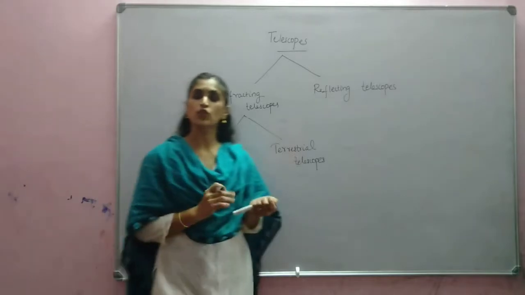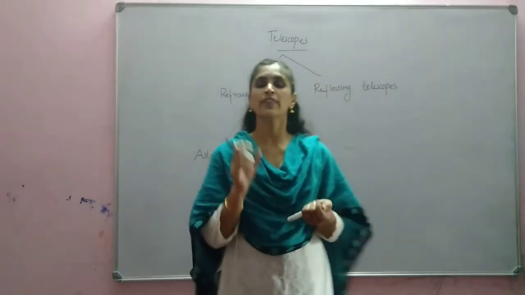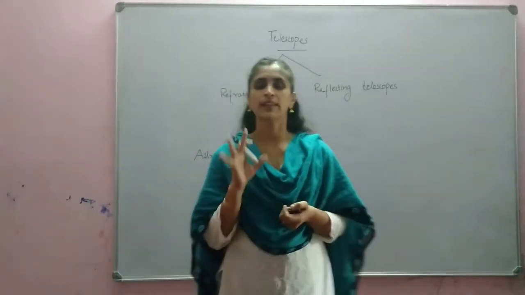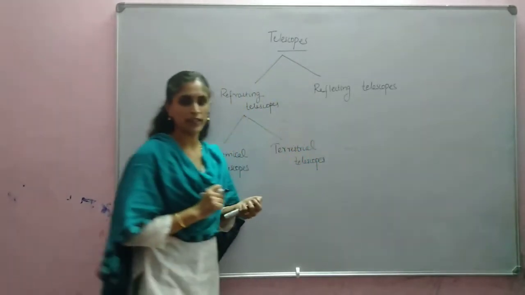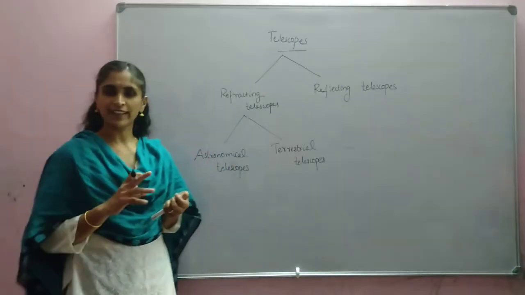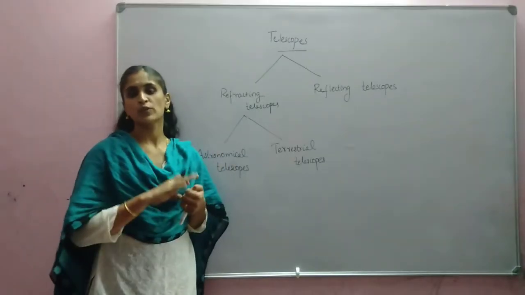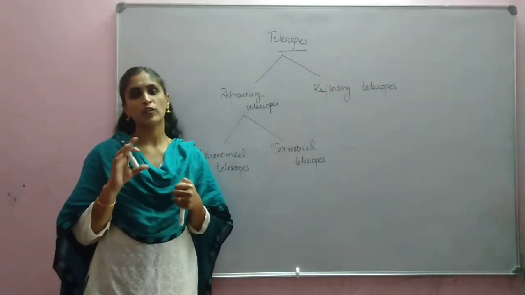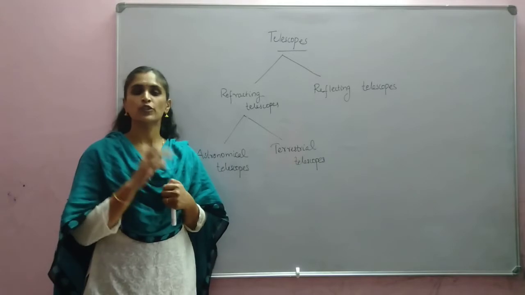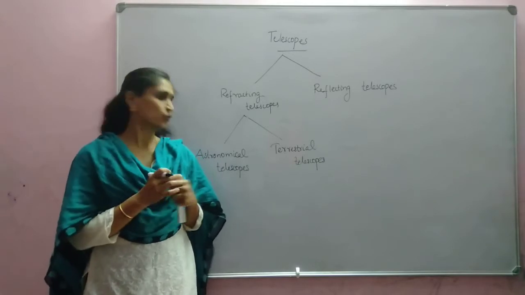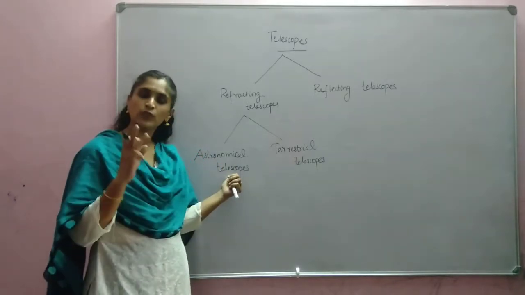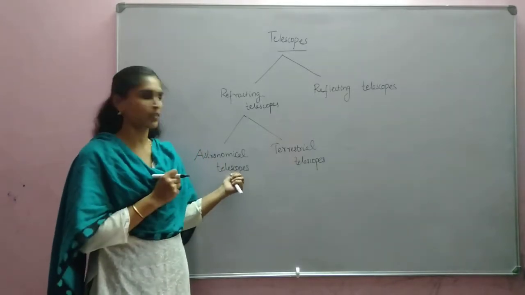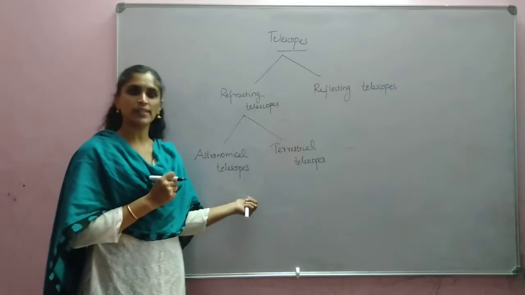Astronomical telescopes are used to view heavenly bodies. If we get an inverted image, it will not make any difference, since heavenly bodies are round in shape. So there we are using only two lenses. Two convex lenses will be used in an astronomical telescope.